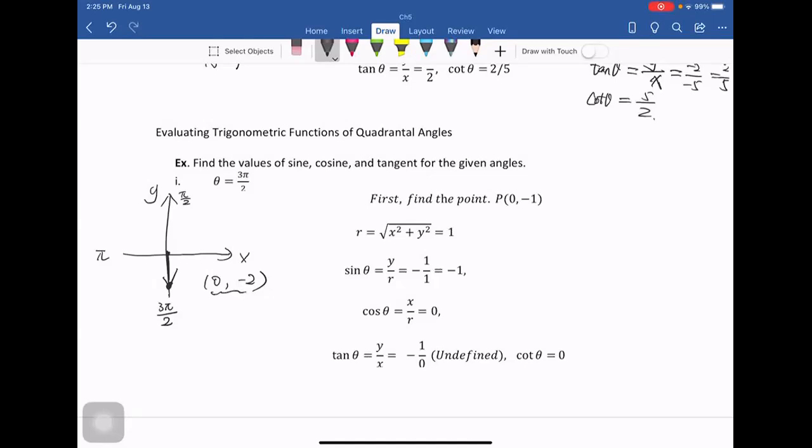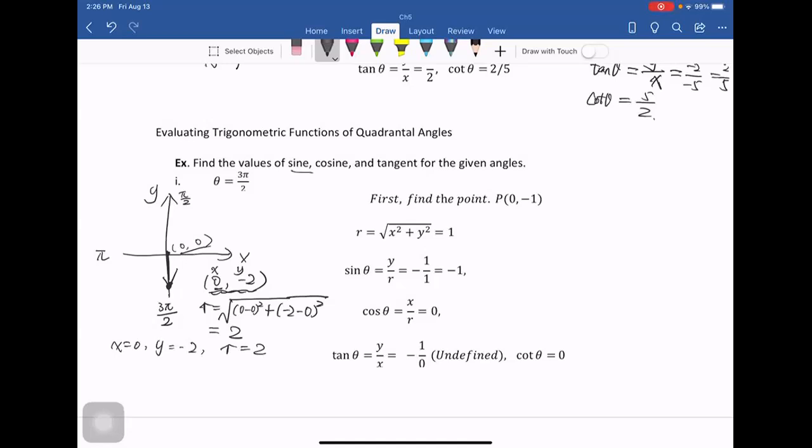So right now we have the x and the y values. R equals the square root of 0 minus 0 squared plus -2 minus 0 squared, that is 2. So R is positive 2. X equals 0, y equals -2, R equals 2. So we can find the 6 trig functions.